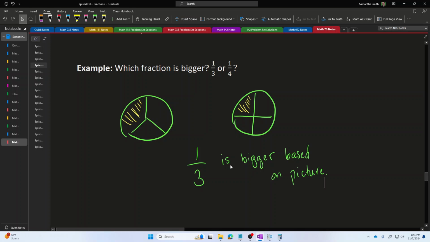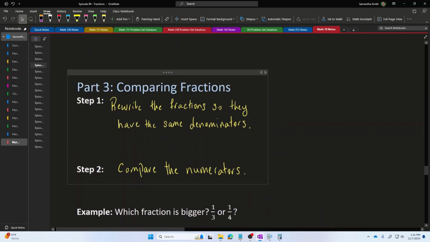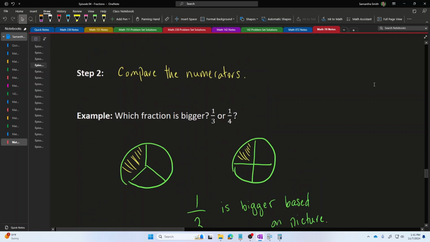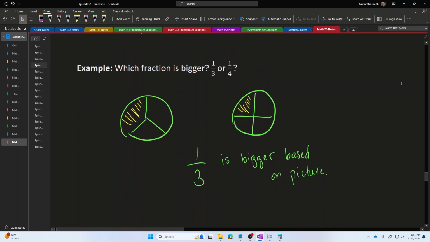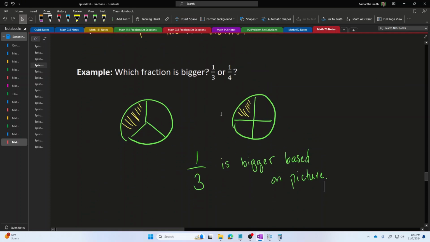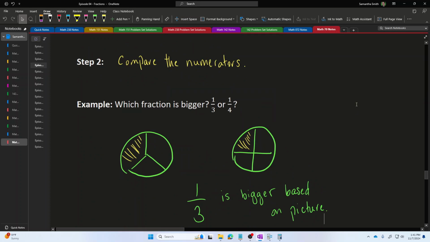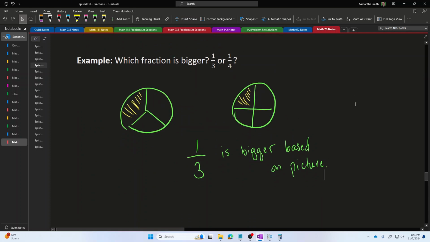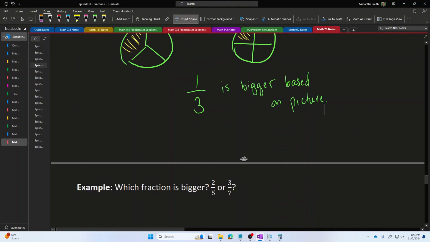Alternatively, if I wanted to answer this question using this technique, I would start by trying to rewrite these two fractions so that both of them had exactly the same denominator.